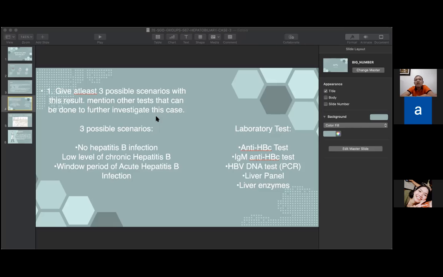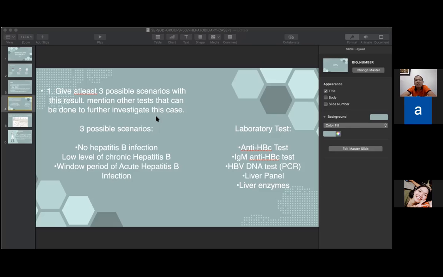So those are the four scenarios. The main thing to consider, since we are talking about the hepatitis panel, is the core window, or the window period. That is very common. So what will you do with this patient?